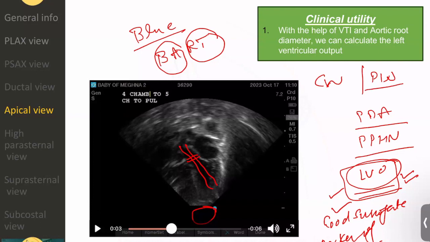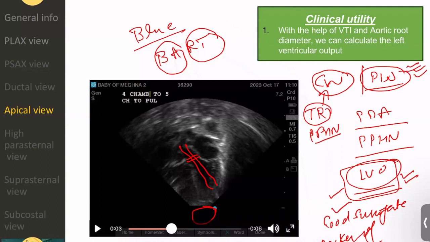The pulse wave Doppler is used in all circumstances except one, where continuous wave is used, where very high velocity flow is there, that is, to estimate the TR jet in PPHN. Basically, continuous wave Doppler estimates the velocity throughout the beam, and pulse wave Doppler estimates the velocity at a specific point, like in the case of LVO, where we want a specific point. That point is reflected by the range gate, which is two horizontal bars.